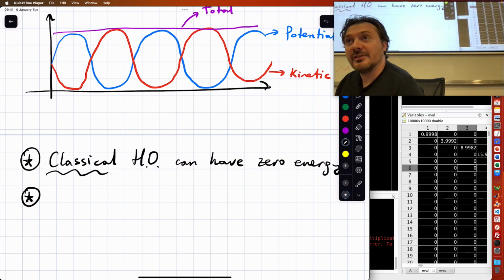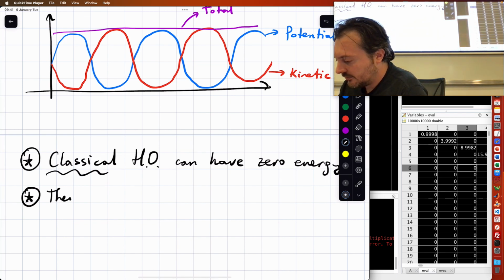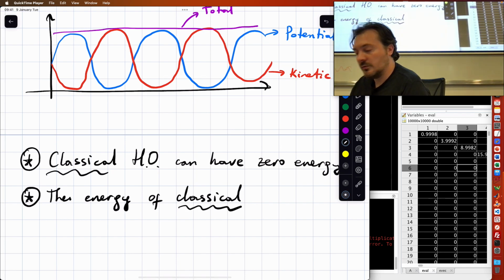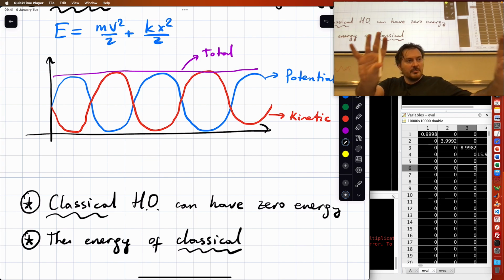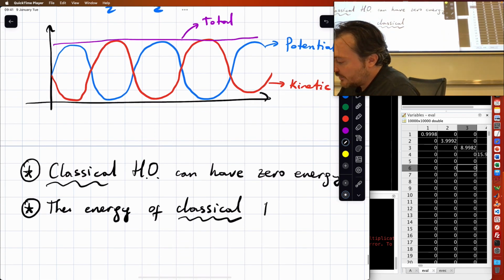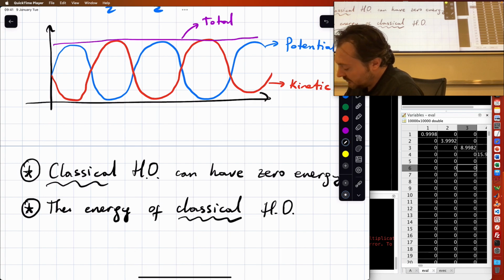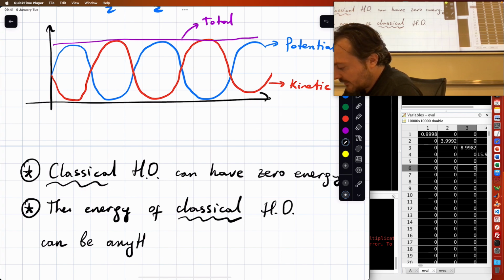I know that I have mentioned it, but I will repeat it again. Is it going to be quantum harmonic oscillator? No, we haven't reached it yet. I said that it can have zero energy. Classical harmonic oscillator can have zero energy. The energy of a classical harmonic oscillator can be anything, just as I've mentioned before.